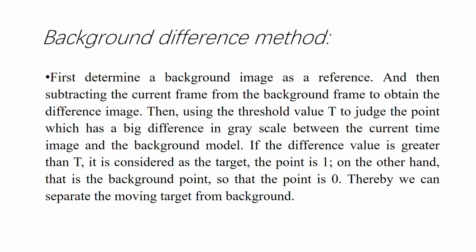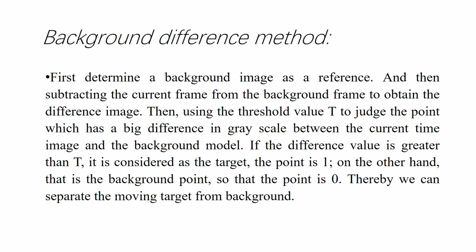The second method we usually use is the background difference method. First, we determine a background image as a reference, and then subtract the current frame from the background frame to obtain the difference image.